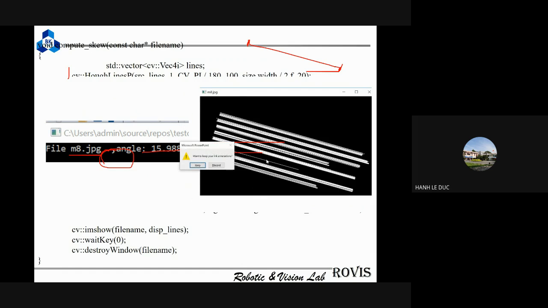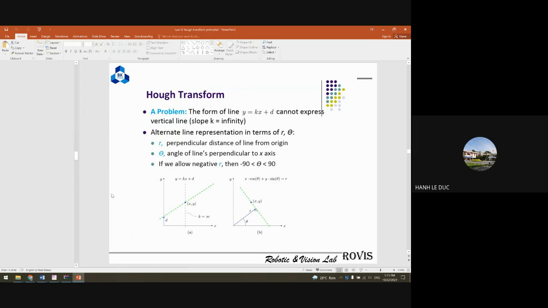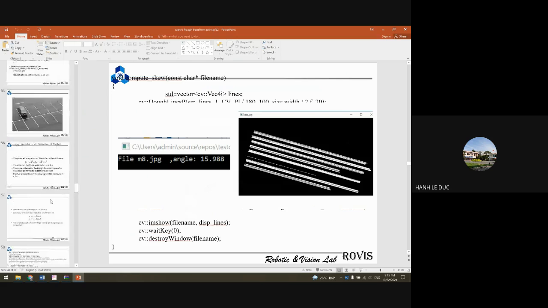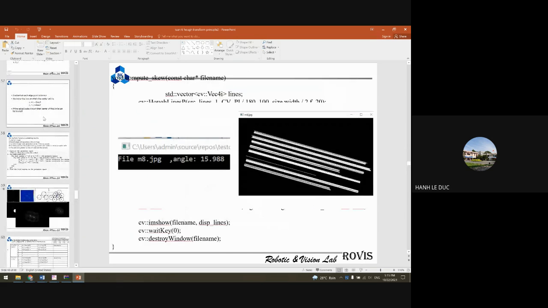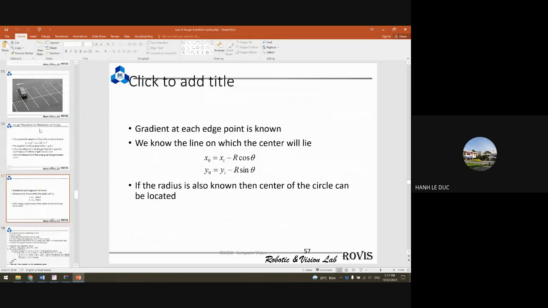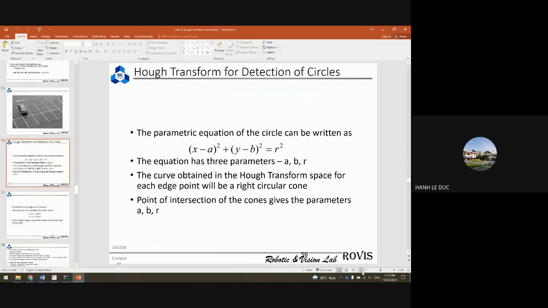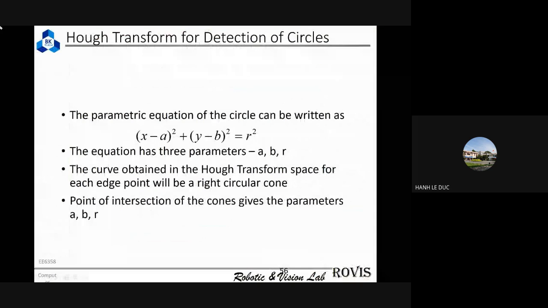Okay, so let's go to another one. We go to the Hough circle. In the Hough circle, the procedure is similar to the Hough line.